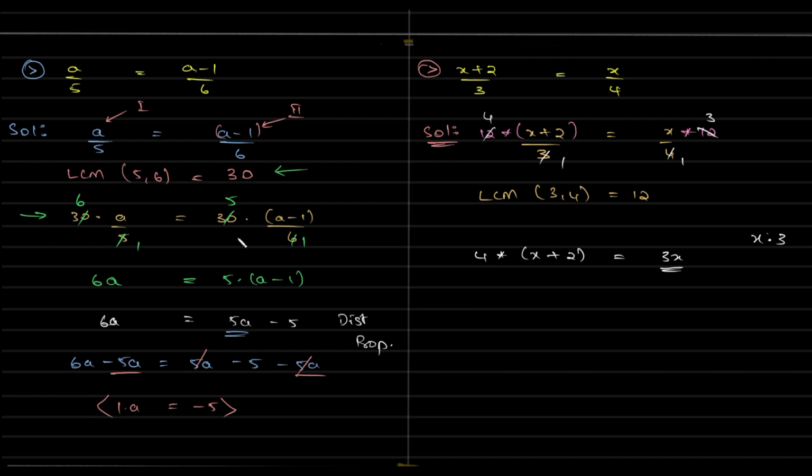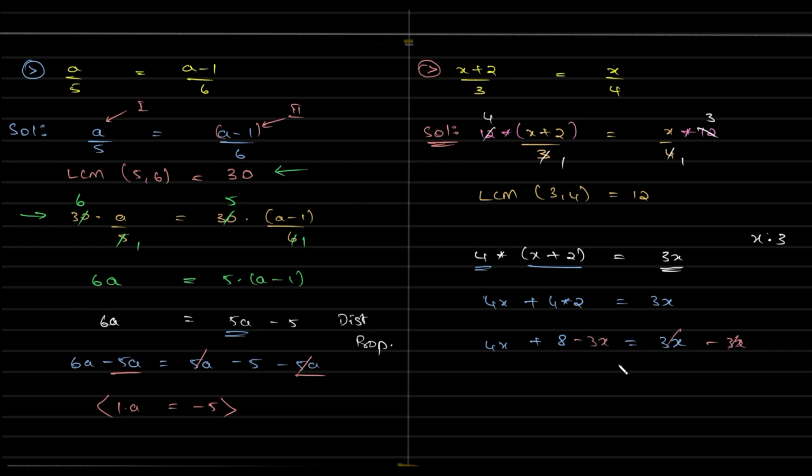The next step, well, here x is on both the sides, so I need to open the brackets, only then can I move forward. So distributive property, which tells me to multiply 4 with both the terms. So 4x plus 4 into 2 is equal to 3x. So this is 4x plus 8 is equal to 3x. So next step is negative 3x on both the sides.